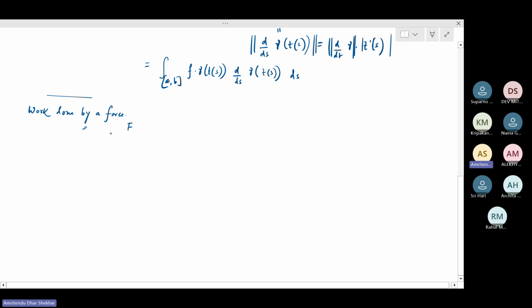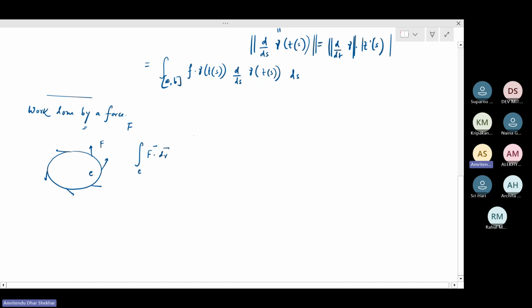Okay. So to give an example, let's say you have a curve like this, and you have some kind of a force. So force is a vector field. So let's say it's defined like this along the curve, and the work done is basically defined as, so this is your force F. Let's say this is your curve C. Then it is defined as the integral over C of F dot dr. Okay.